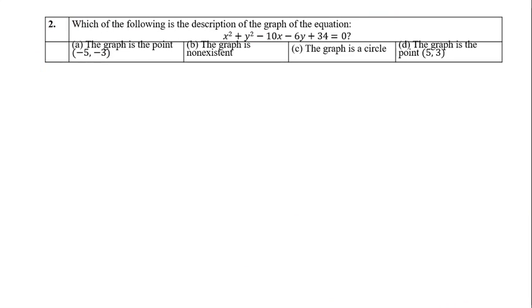Which of the following is the description of the graph of the equation? It's the same way again.